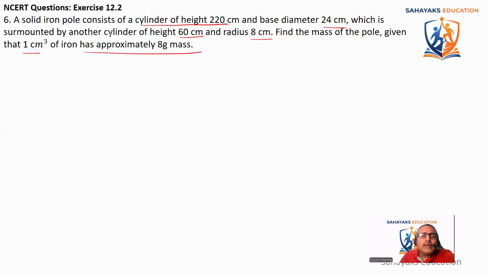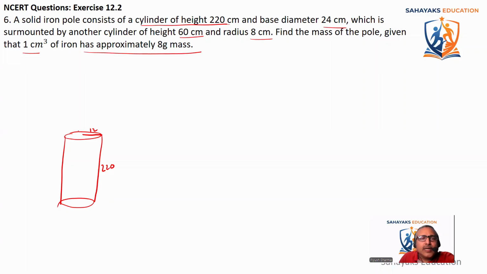Okay. There is a cylinder here of height 220 centimeter, and the base diameter is 24 centimeter. The diameter is 24, so I can say it is 12 centimeter radius. It is surmounted by another cylinder of height 60 centimeter.